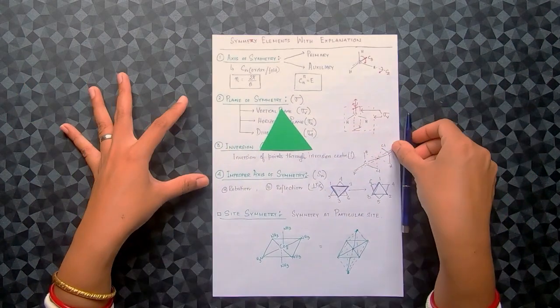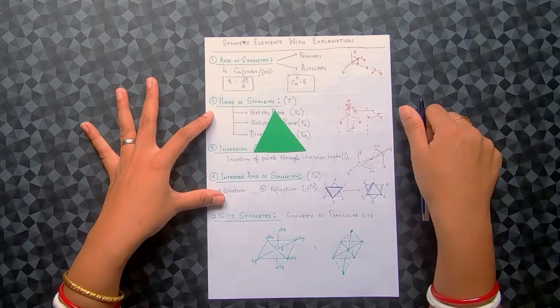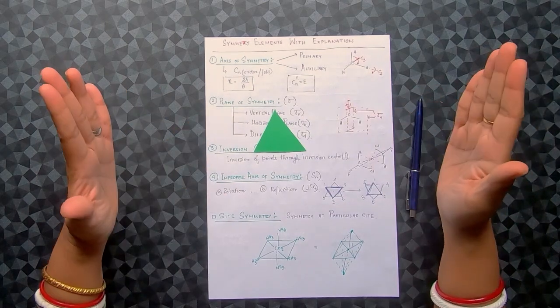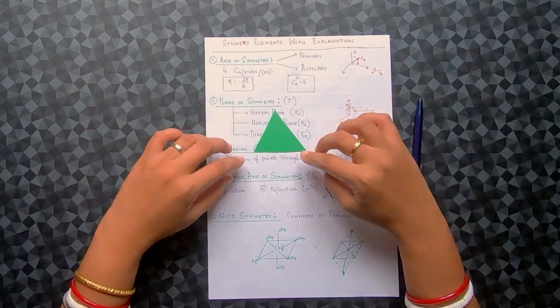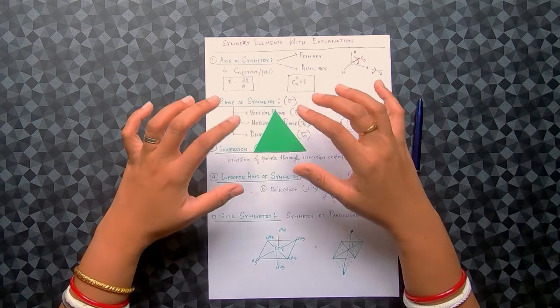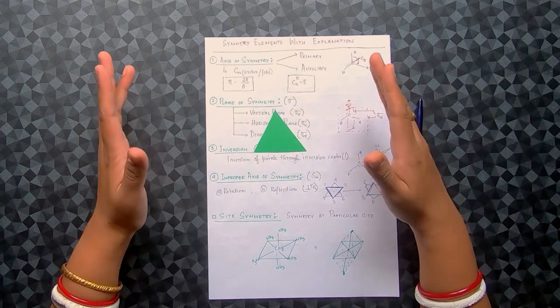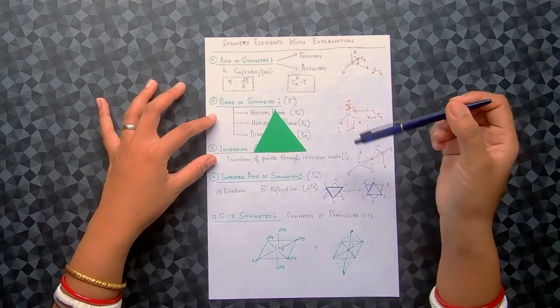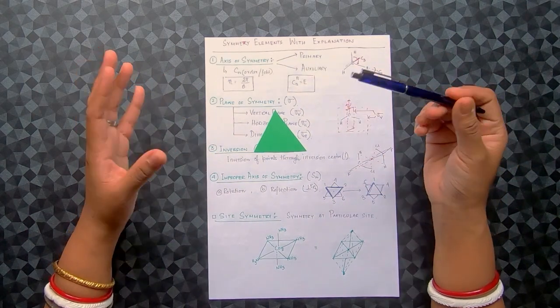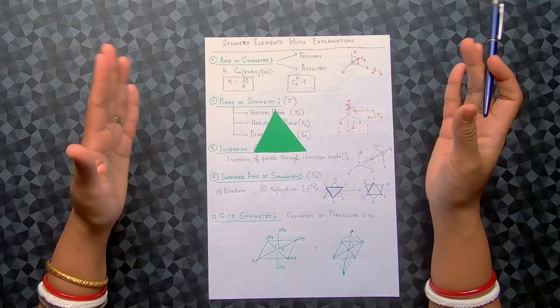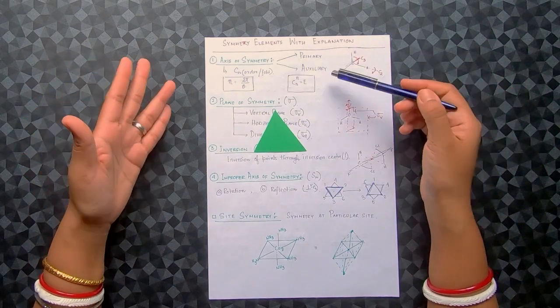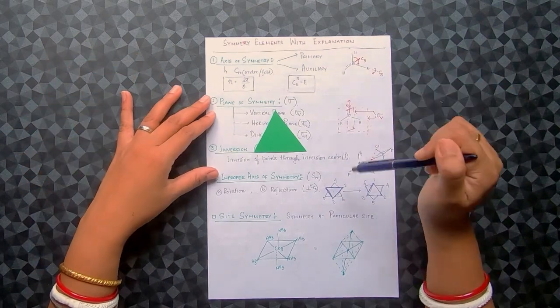Yes, so it's a triangle, right? Axis of symmetry tells us that on rotation around that axis, we are going to get an equivalent configuration. So axis of symmetry can be classified into two parts: primary axis of symmetry and auxiliary axis of symmetry.